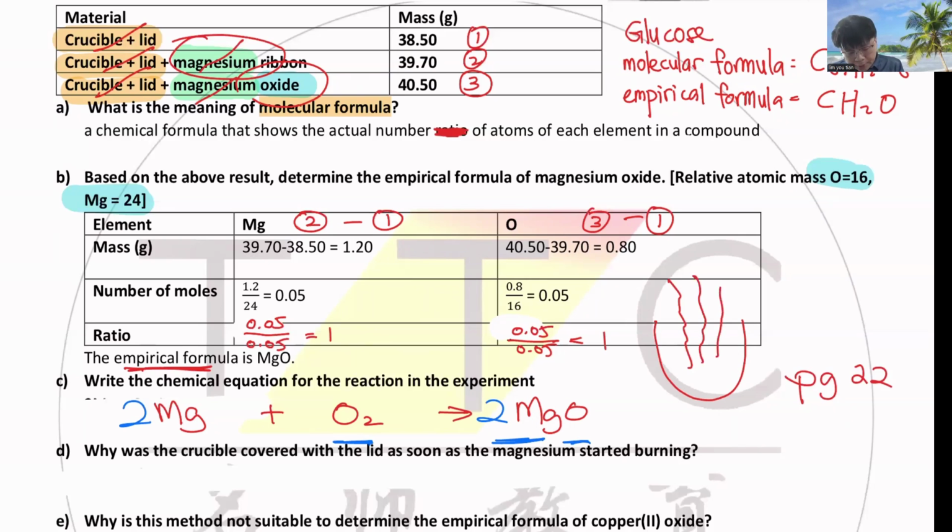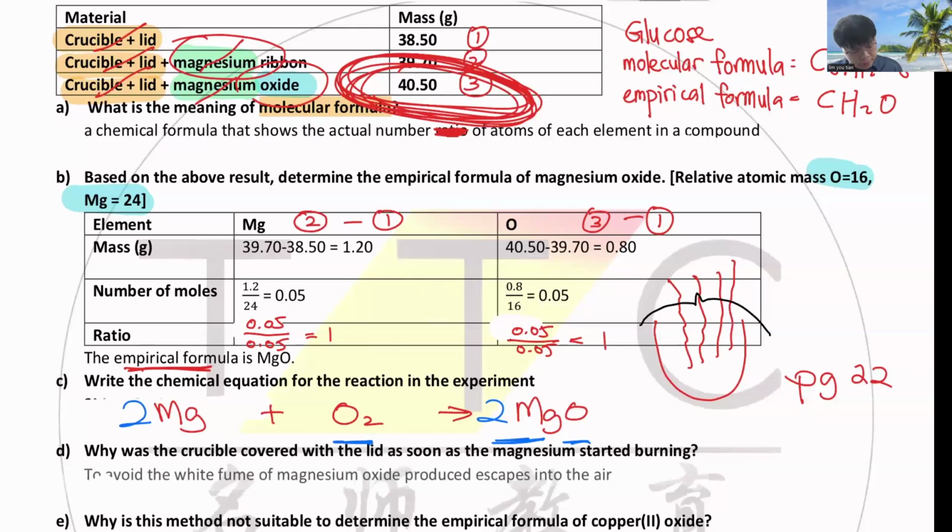The air will bring the hot powder out, so your mass won't be accurate. So to stop this, we close it to avoid the white fumes of magnesium oxide produced escaping to the air.